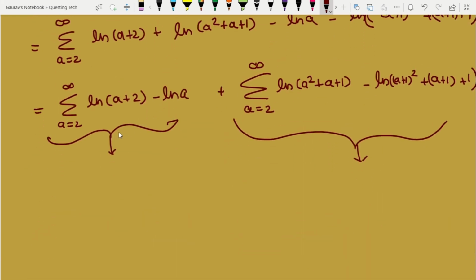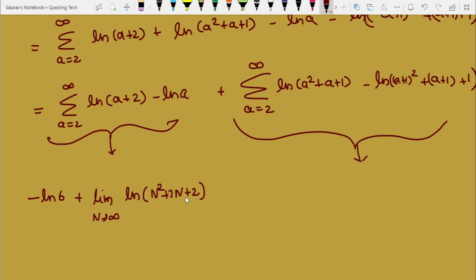So can we write here minus ln 6, minus ln 6 plus limit, capital N tending to infinity, ln (n square plus 3n plus 2).